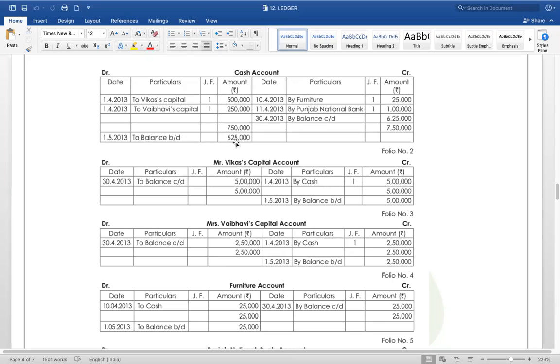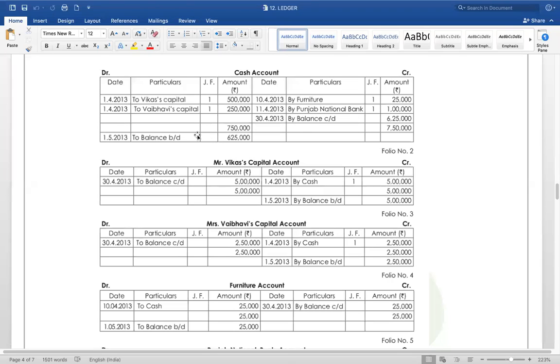Brought down is opening, carried down is closing. Carried down is the last item that you have to write. Brought down is the first item that you have to write in an account. Brought down is always shown as a first item to be written only on the top. Carried down should be written at the bottom because it's last item.